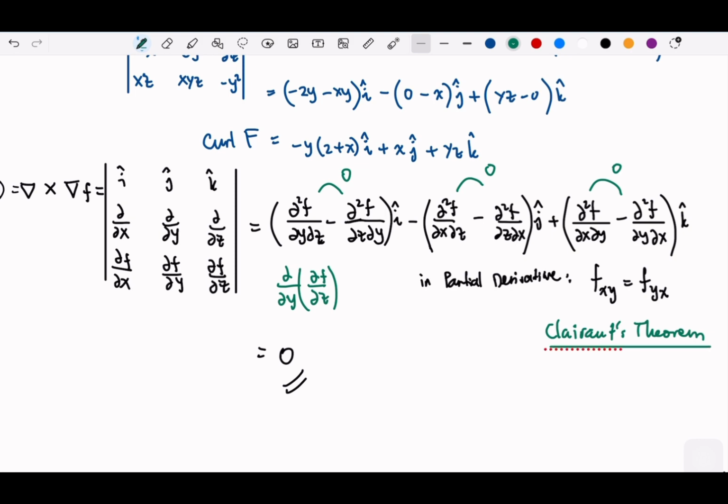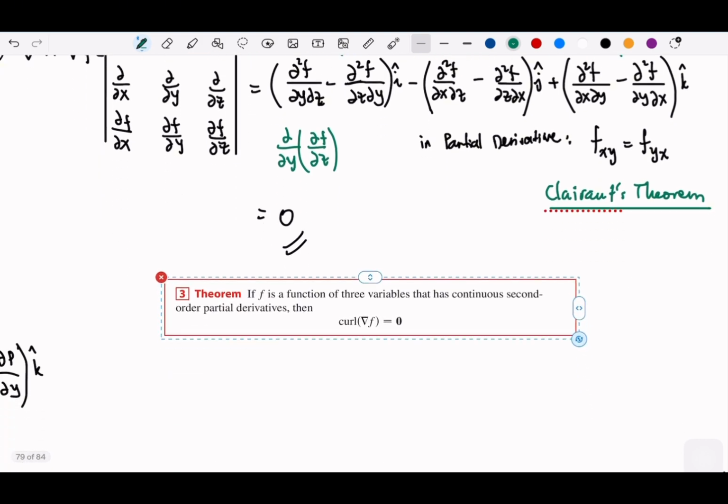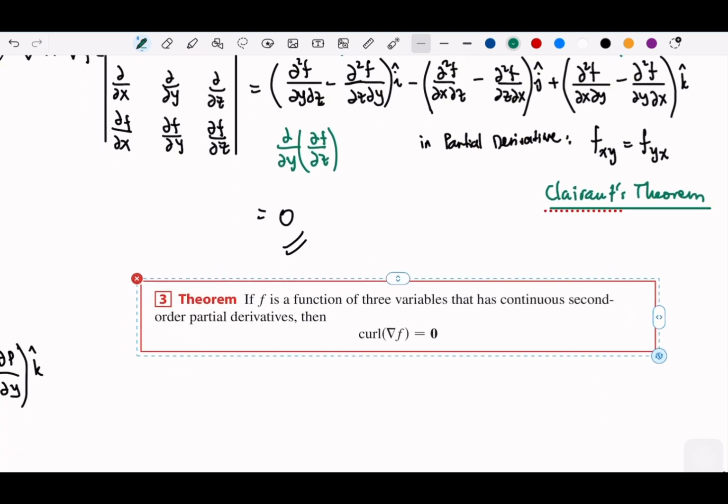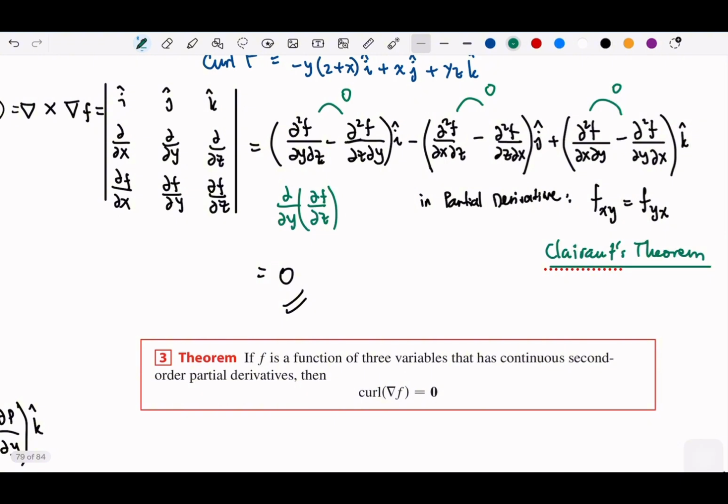Okay, so every function of 3 variables that has second-order partial derivatives, the curl of the del f will always be 0. And this is a shortcut to find a conservative vector field.